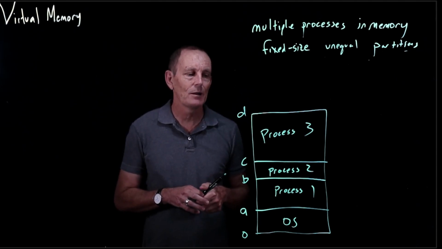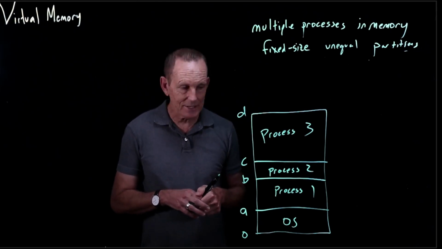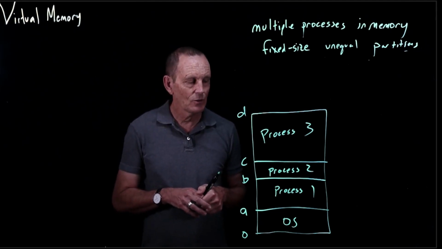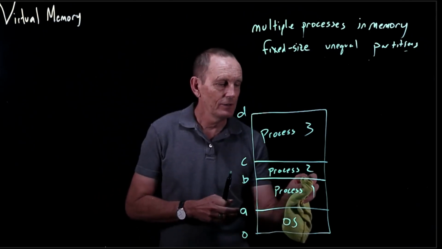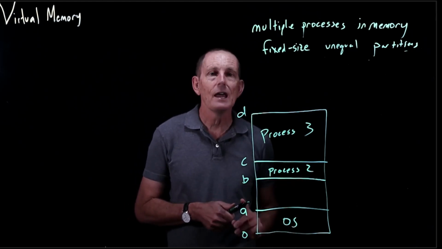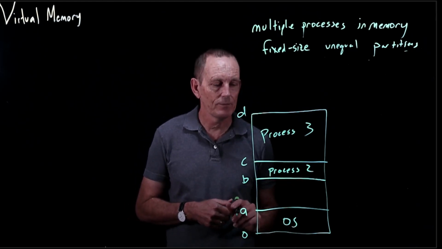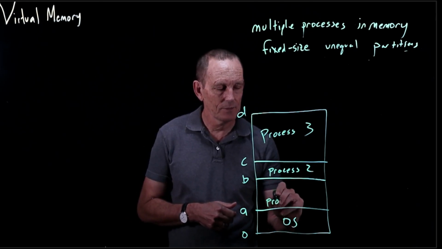However, we have a potential problem. Let's say that process 1 finishes. Okay, so it finishes. We've now got this free space. And now we go ahead and start running process 4. And process 4 is somewhat small.